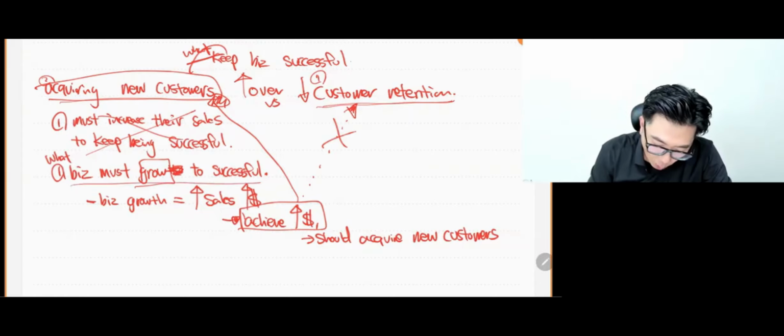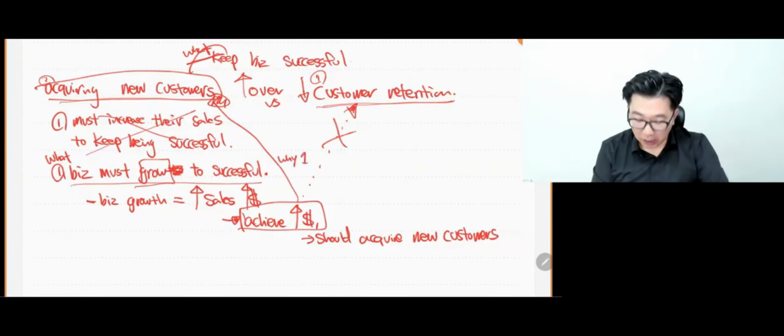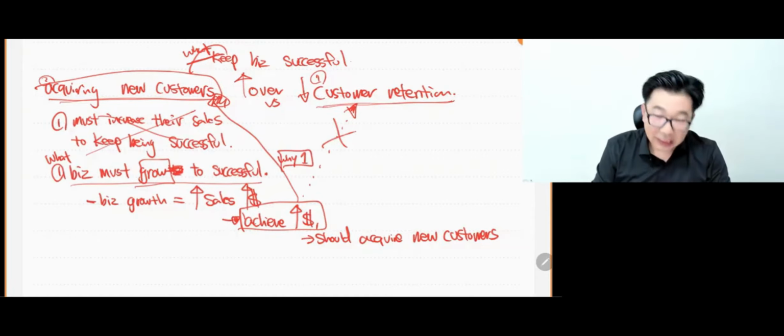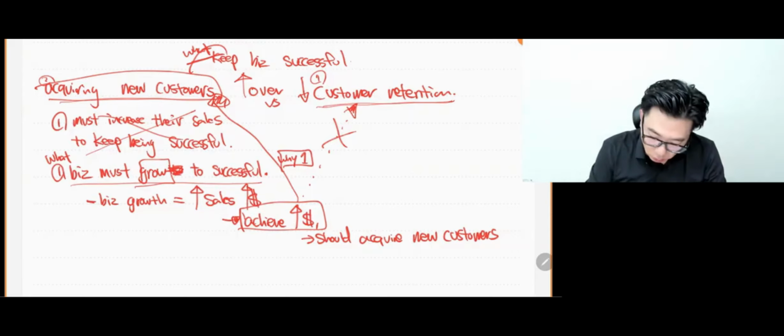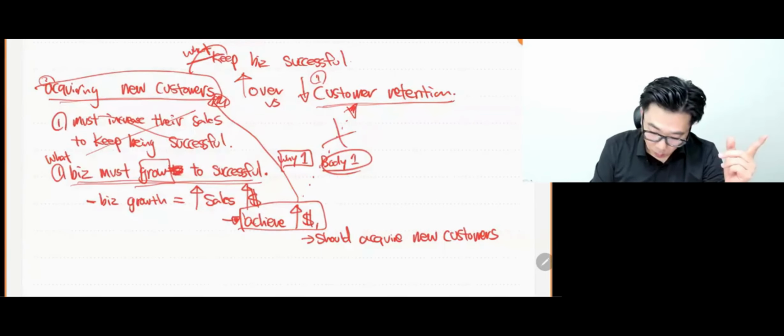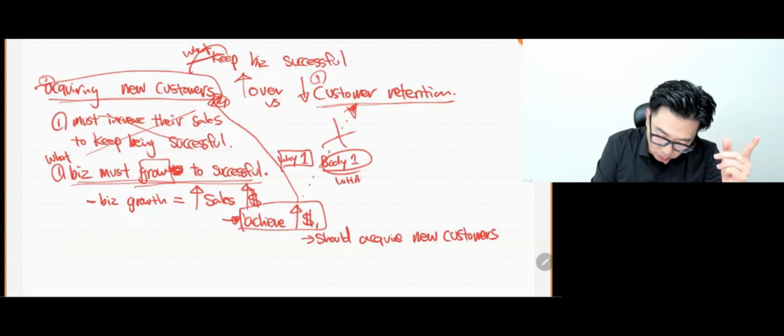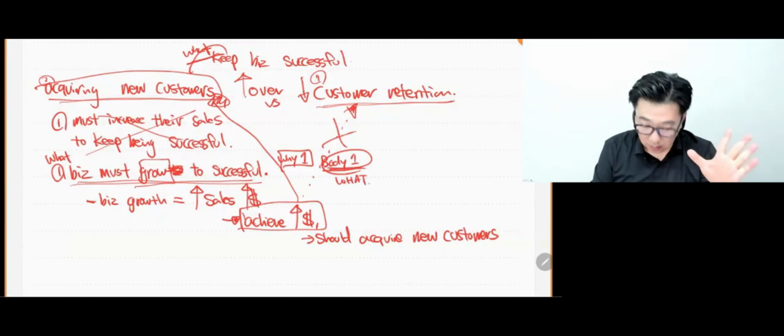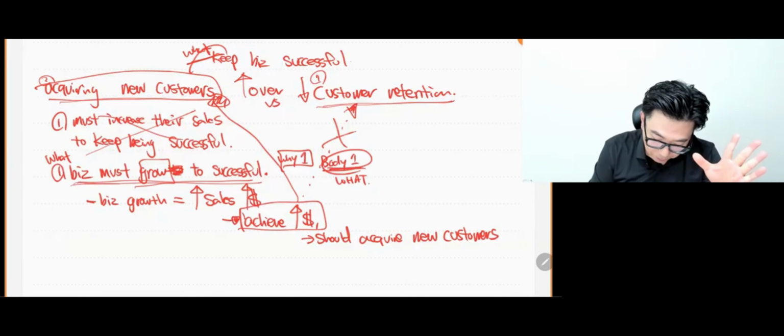So this is Y1 from the whole structure. Okay. So after realizing I'm in Y1, the first body paragraph, I regard this sentence as the what for my body one. So I need why, right?